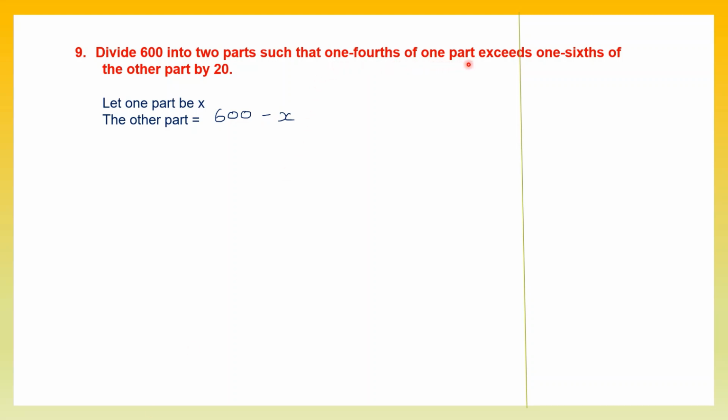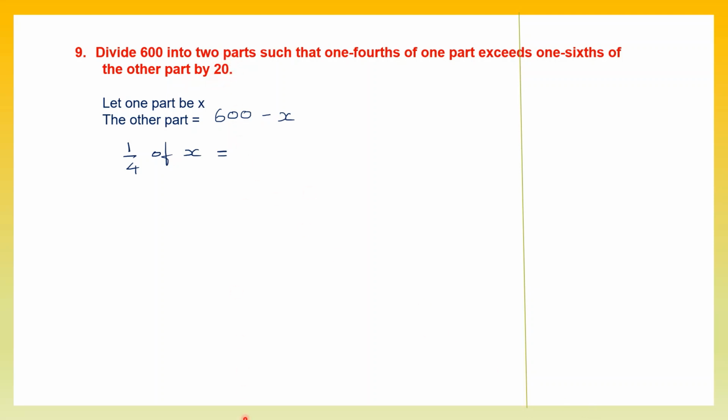1/4 of one part. So let's do that. That is 1/4 of one part is x. This exceeds, that means it's more than 1/6 of the other part, by 20.